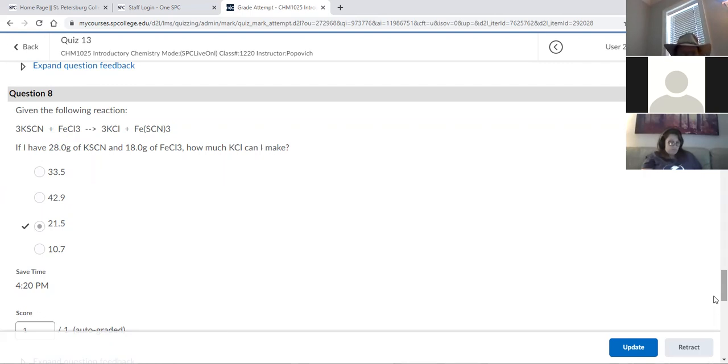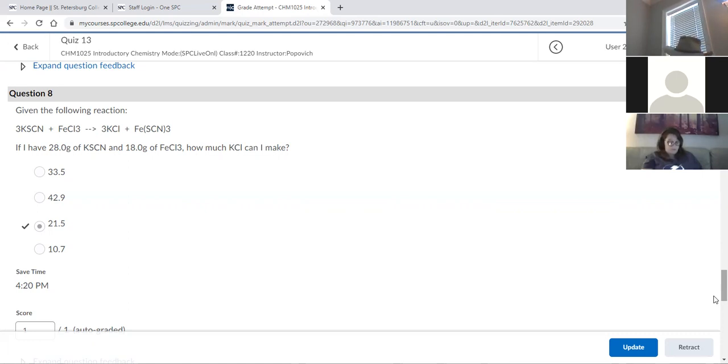And if I'm looking to see how much KCl I can make, it's a 3-to-3 ratio, right? Mm-hmm. Yeah. It's a 3-to-3 ratio. So that means I can make 0.288 moles of KCl using my potassium thiocyanate, right?